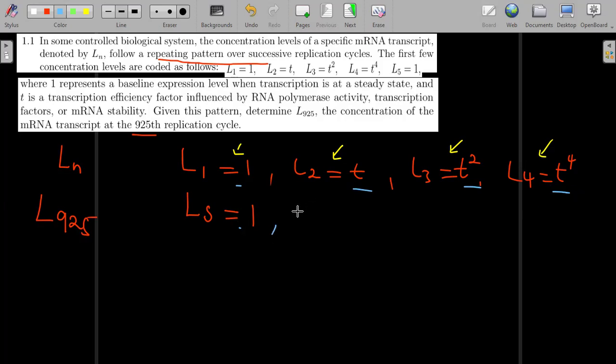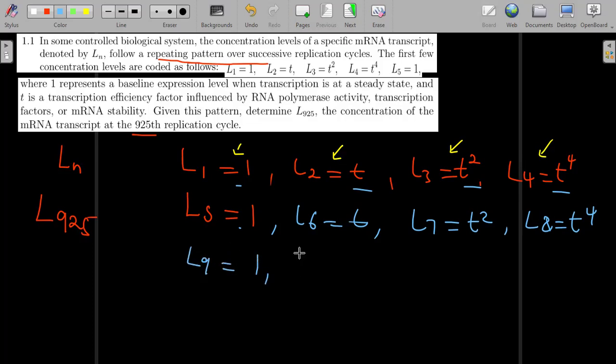So if I want to find L6, it will just be t. L7 will be t squared, and L8 will be t to the power 4. Then L9 will be 1 again. L10 will be t, L11 will be t squared, and L12 will be t to the power 4.